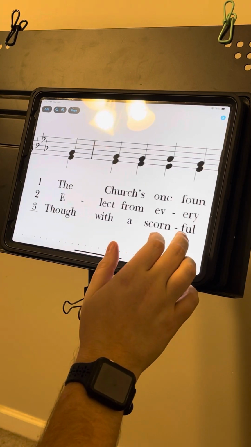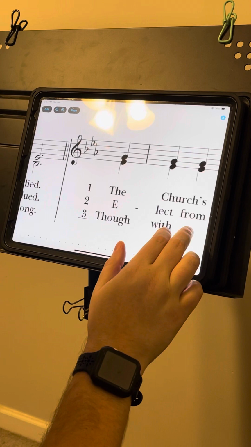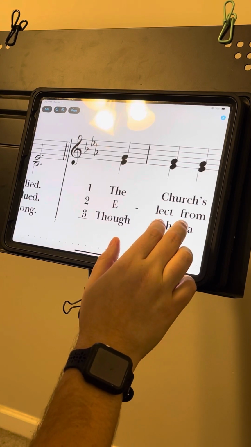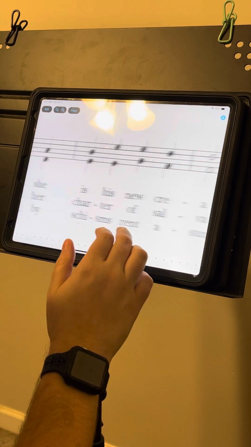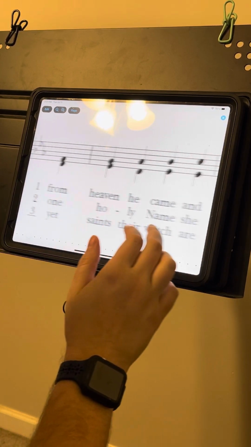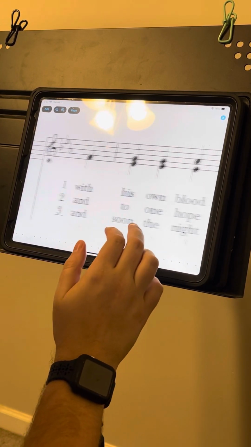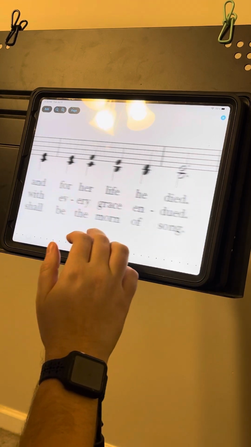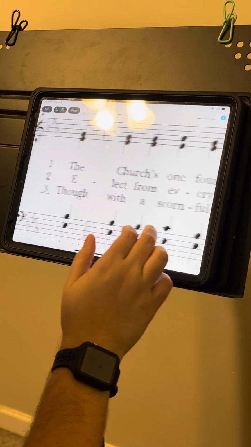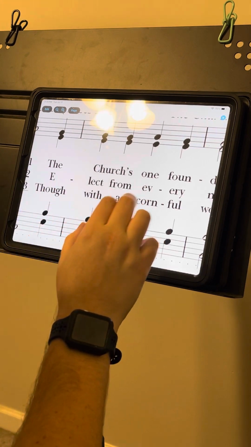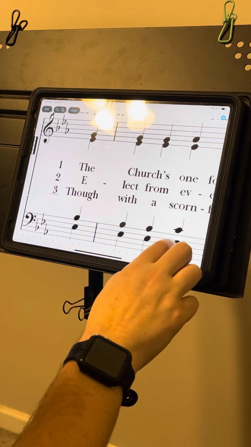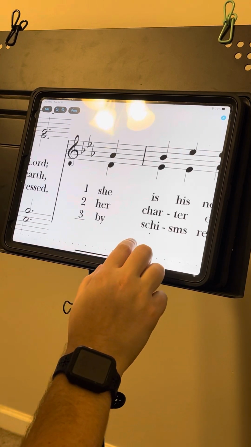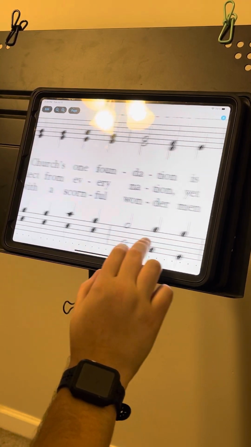And so now what happened here is it repeated. So we're back to the beginning, because I did what I said that I did in the method book. I messed up here. I didn't actually go through and, oh no, I did. I just accidentally had the bass line selected there too.